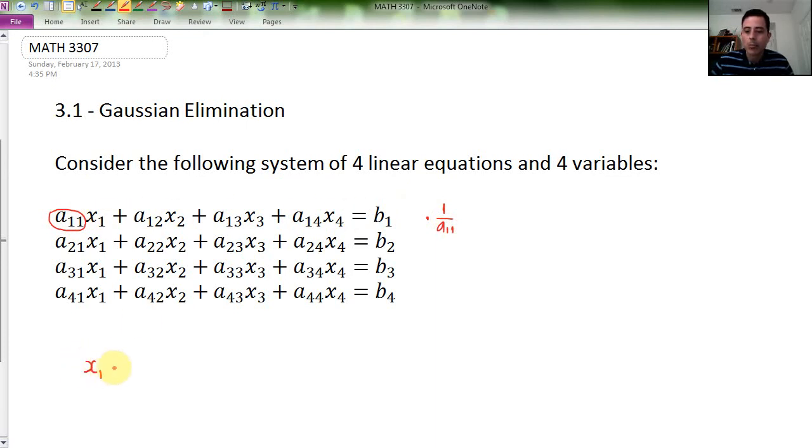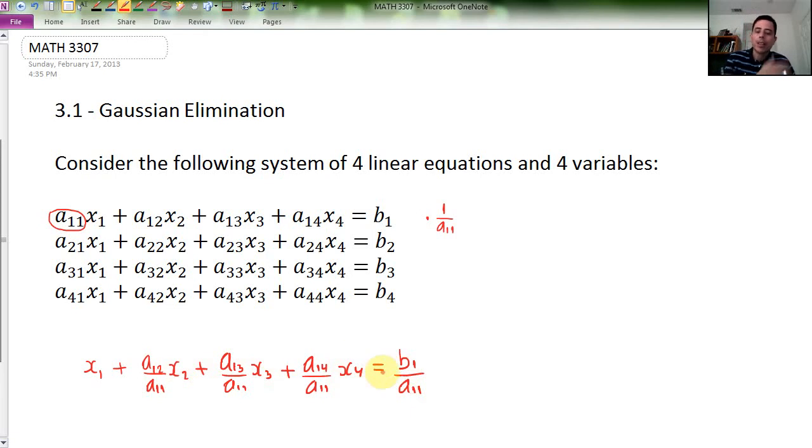It will be x1, right? Because the coefficient will be 1. And then A12 over A11 x2, and then A13 over A11 x3, A14 over A11 x4, and then B1 over A11.